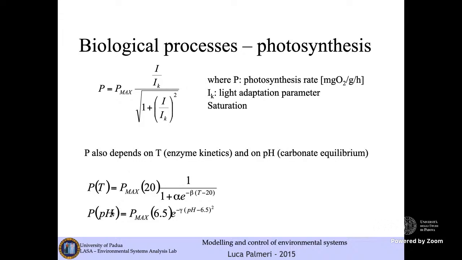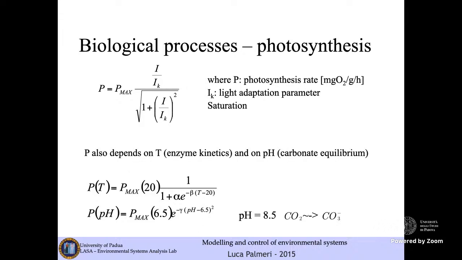And we may write an analogous one for pH, so the photosynthetic rate as a function of pH is equal to a maximum photosynthetic rate at neutral pH, that is 6.5, reduced by a quantity that is described by this model.